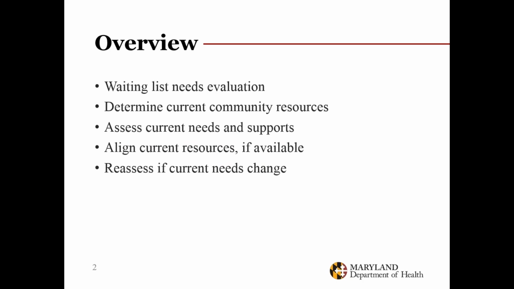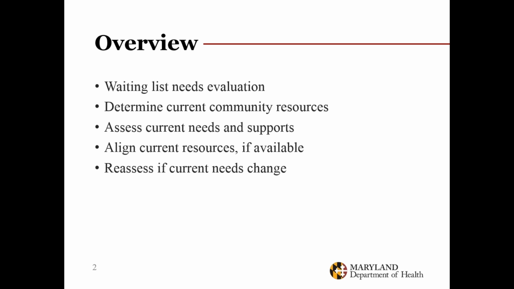As you are all aware, DDA is collaboratively working to transform and improve the quality of services provided to people with intellectual and developmental disabilities and their families and those who support them. In the past, people who had been determined eligible for services and placed on the DDA waiting list worked together with you, their CCS, to create a person-centered plan to be implemented while waiting to apply for waiver services.